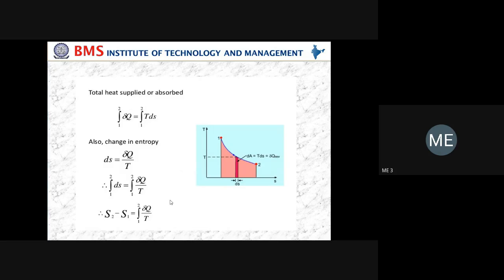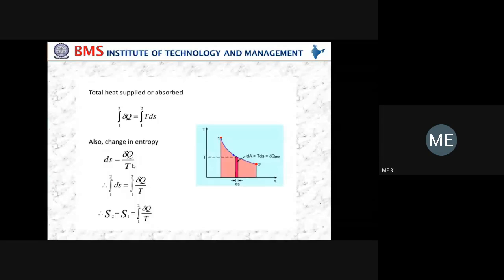On the other hand, whenever you remove heat from the system, the entropy of the system decreases. The standard formula for entropy is ds equals dq by T, or dq equals T into ds. Remember the standard formula: ds equals the ratio of the heat transfer to temperature.